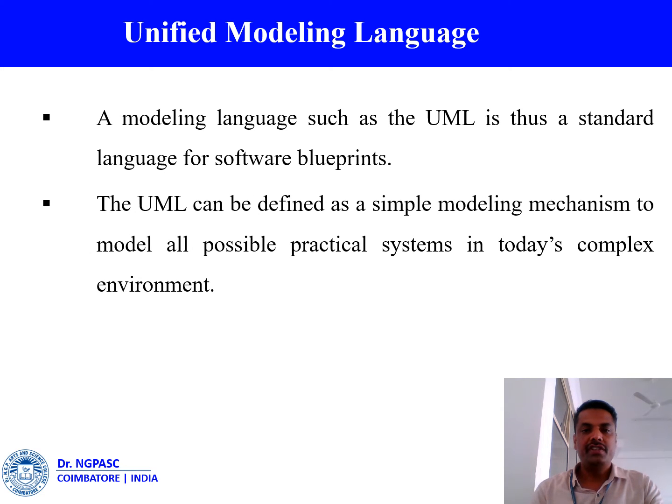A modeling language such as UML is thus the standard language for software blueprints. It can be defined as a simple modeling mechanism to model all the possible practical systems in today's complex environment.